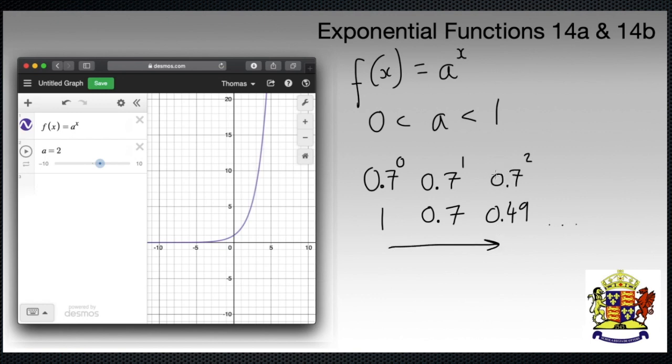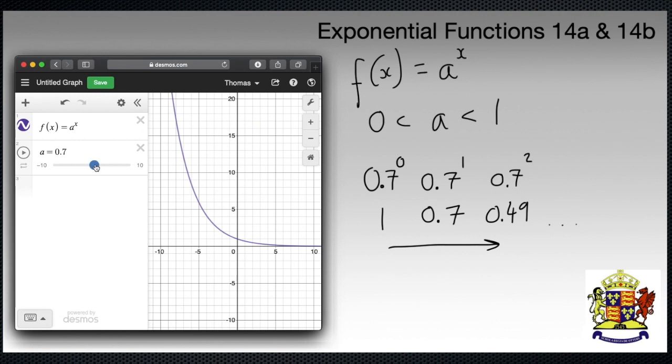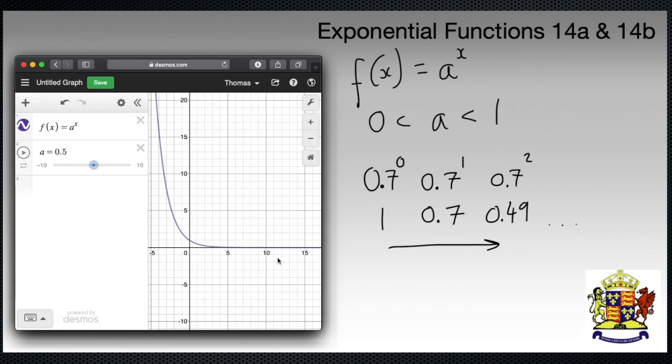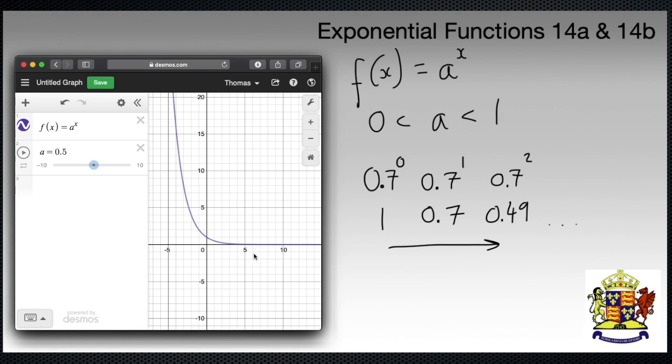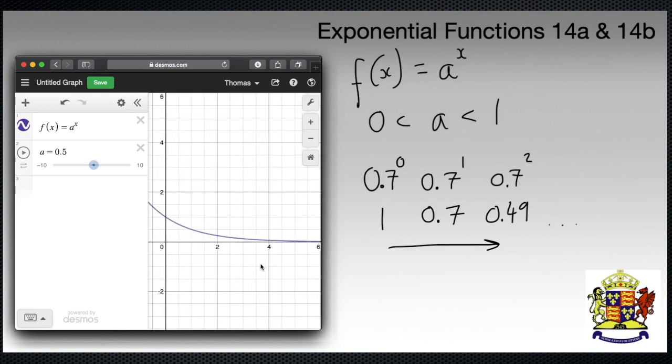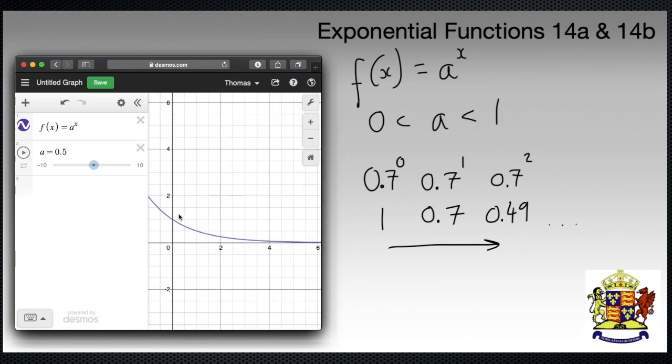Because we have a number less than 1, if we raise it to a bigger power, the number gets smaller. Okay, so the further we go this way, the smaller it gets, to the point where I get a very, very small answer very quickly.